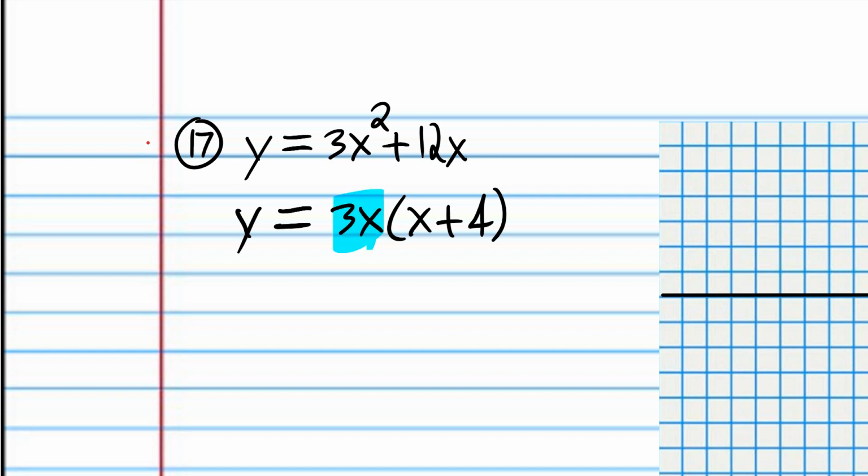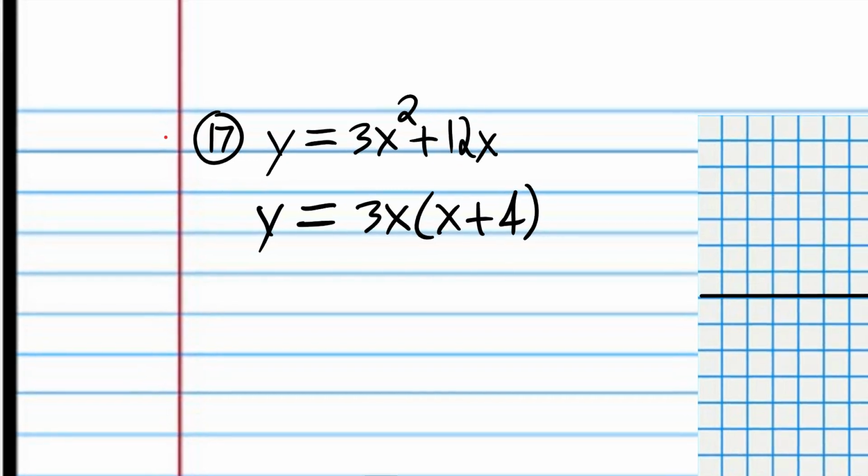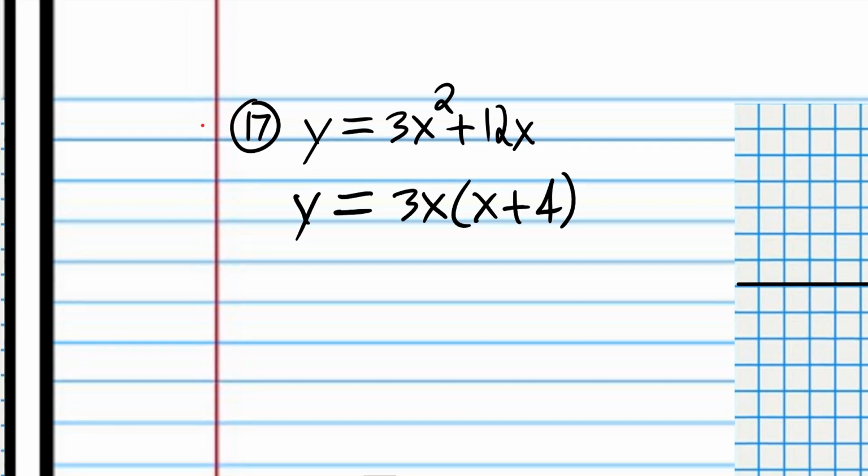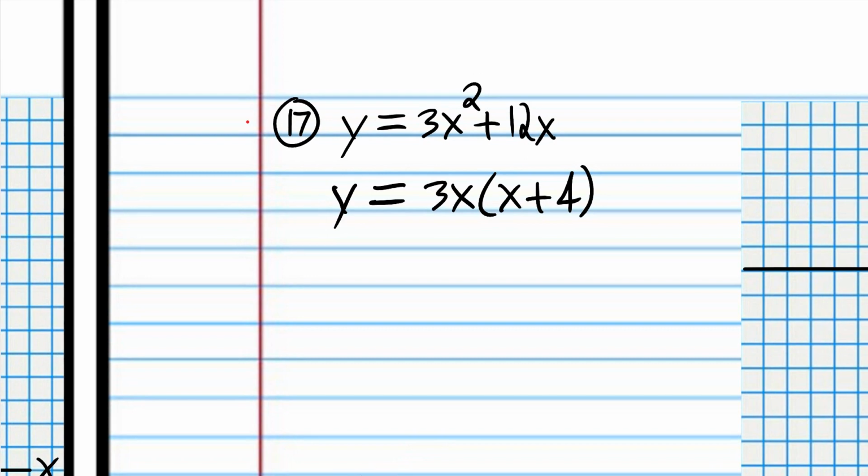So just going backwards, you can see why that works. Factoring is the reverse direction of multiplying using the distributive rule.